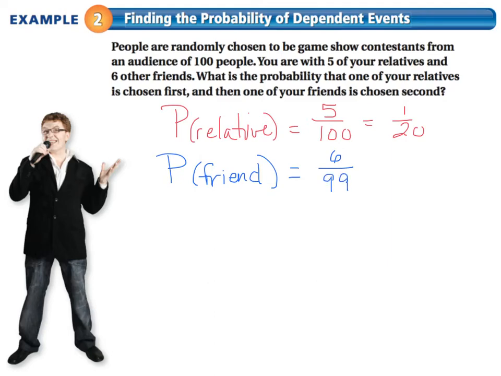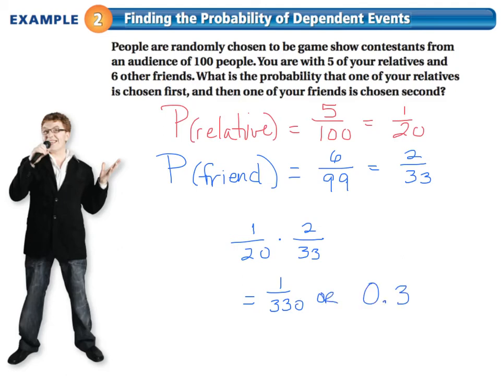There are now 99. So 6 99ths simplifies into 2 33rds. So the probability of a relative and then a friend after the relative is chosen would be 1/20th multiplied by 2/33, which would give you 1 divided by 330, not 333, or about 0.3%.